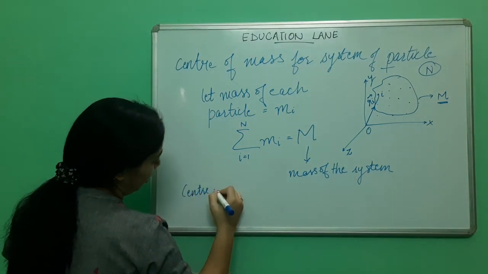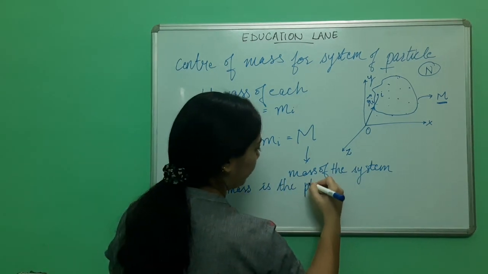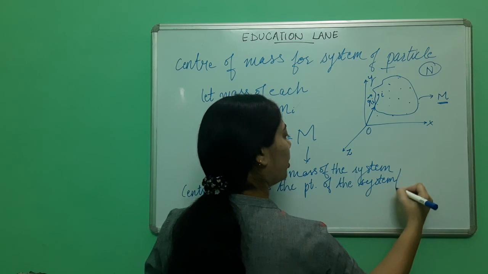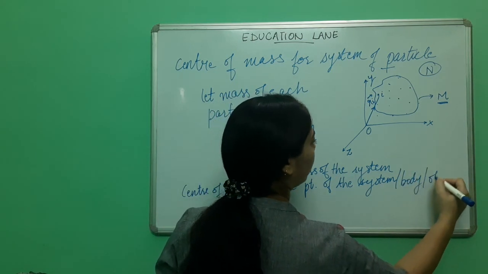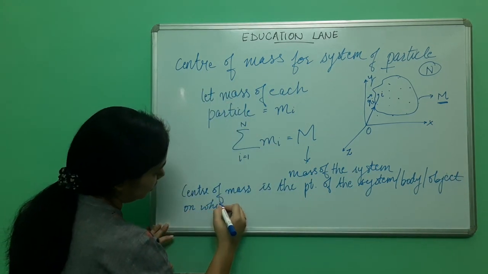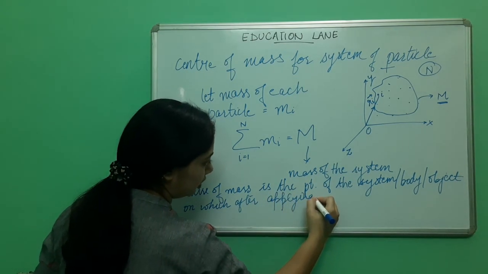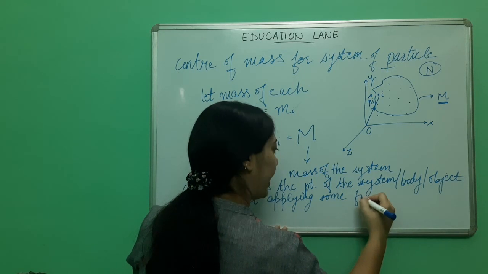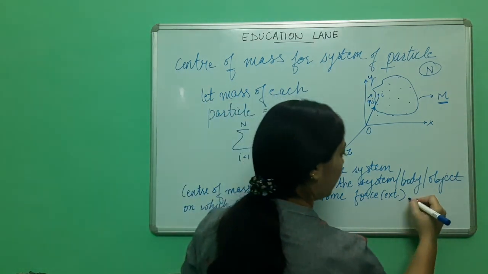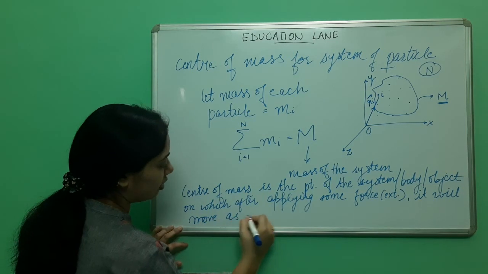Center of mass is the point of the system or the body, or you can say object, on which after applying some external force, it will move as a whole.